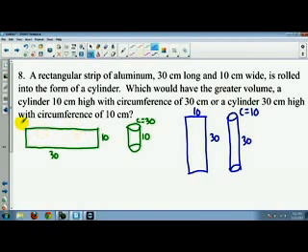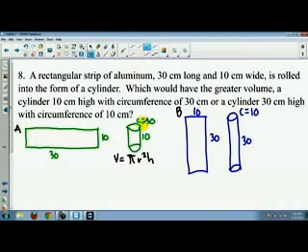Let's name this cylinder A, with the greater circumference, and cylinder B. Now we need to find the volume. Since we are comparing the volume, and the volume of a cylinder is given as pi r squared h, we first find the volume of the first cylinder, or cylinder A, and we need to find the radius.